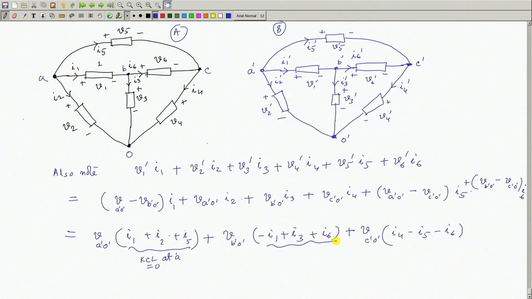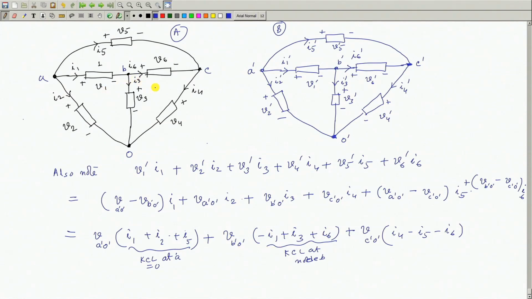This one, I 1 plus I 3, is nothing but KCL at node B of network A, not B dashed node. But this must be 0. This network, whatever it is, is separate, but it is satisfying KCL at all the nodes.